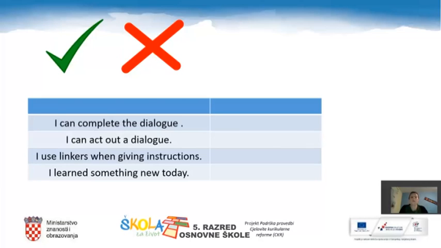I use linkers when giving instructions. So when you give instructions, do you use linkers: first, then, after that, or finally? If you use them, put a tick. If you don't use them, put a cross. And the last one, I learned something new today. So have you learned something new today? If you have, put a tick. If you haven't learned anything new today, then put a cross.